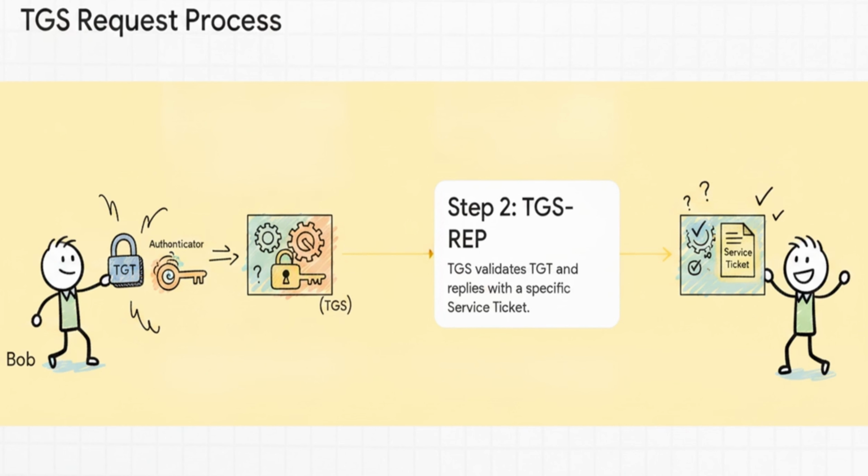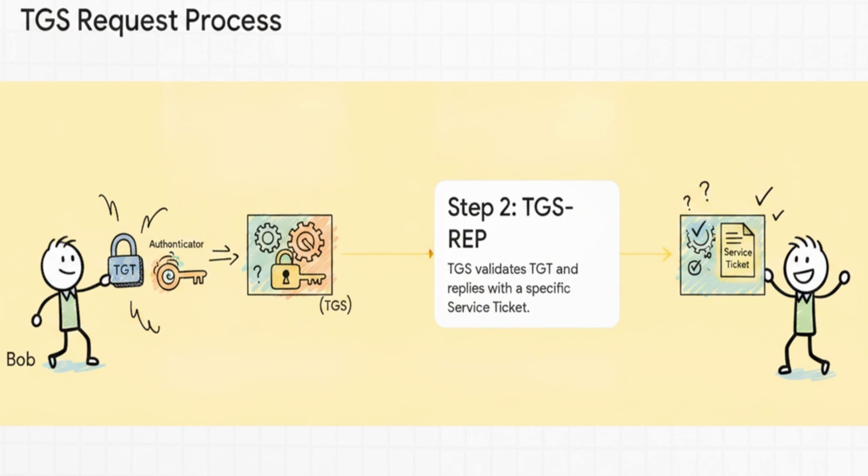The ticket granting service, after validating, uses its own secret key to verify that the client can access that particular service, and then gives a response called TGS rep, which contains everything Bob needs in order to get that service.